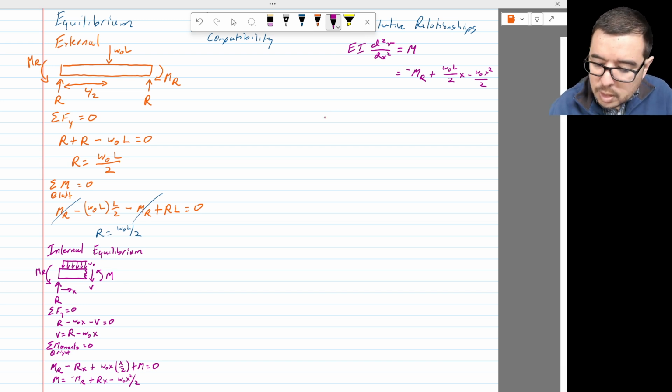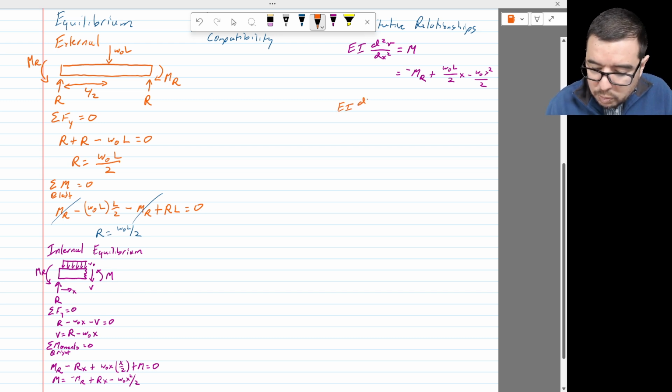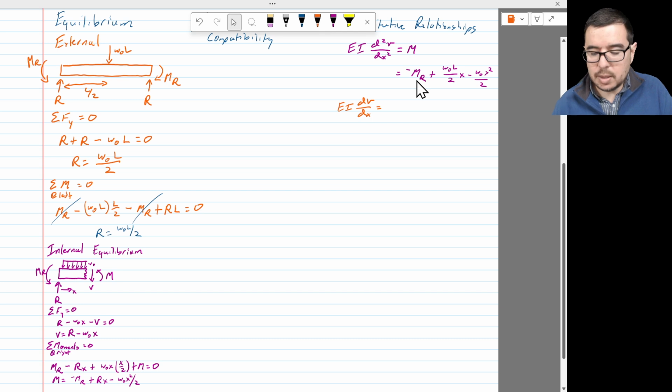So we can go ahead and integrate there. We have now our EI times the first derivative of displacement with respect to x. We know that we don't know what MR is, but it's going to be a constant.